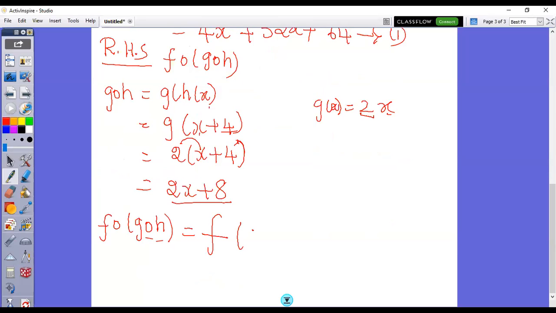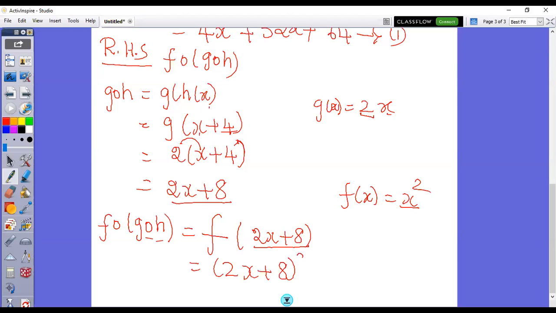Then 2x plus 8. Then F of x equal to x square. This is x value. Then afterwards you square the x value. So 2x plus 8 the whole square.